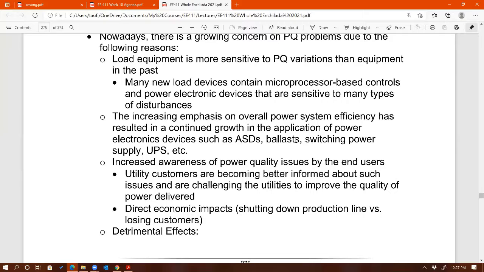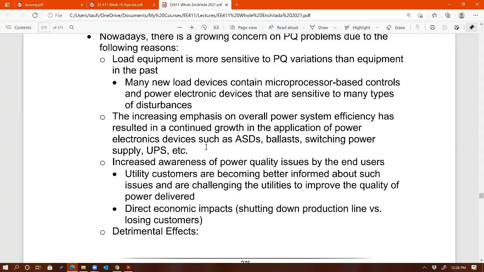ASDs, I just mentioned that, ballasts, switching mode power supplies, UPS, that's not United Parcel Service, by the way, that's uninterruptible power supply. And then LED light bulbs, that's a big thing nowadays. All of those, smartphones, when you charge them, right?